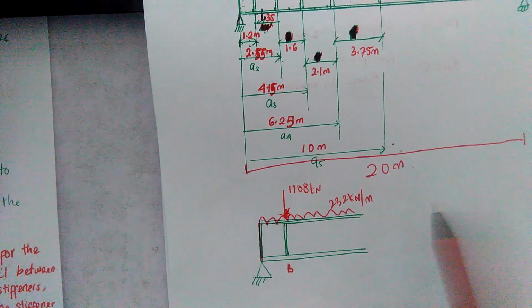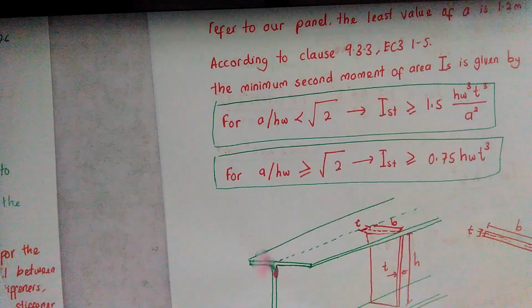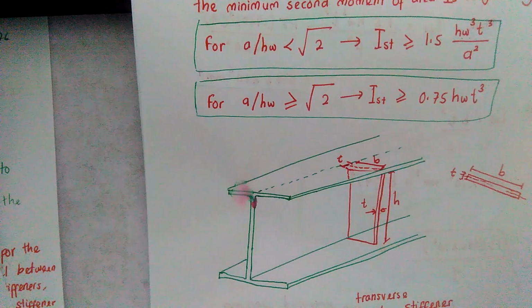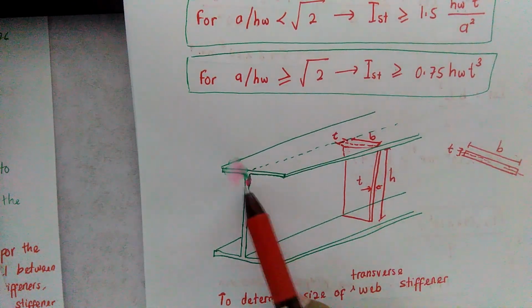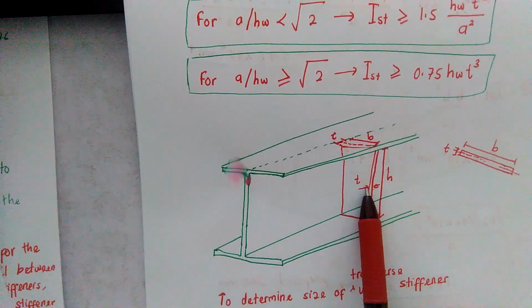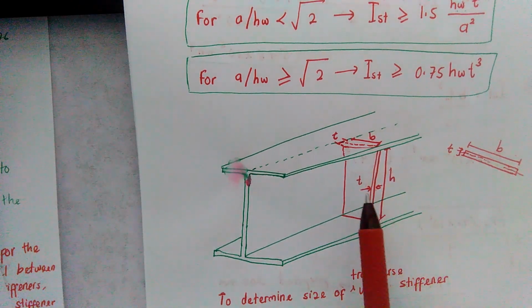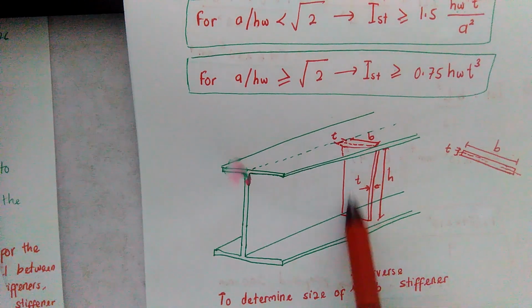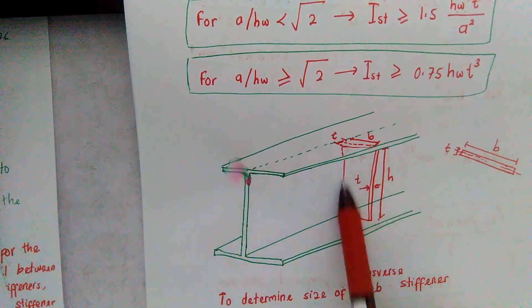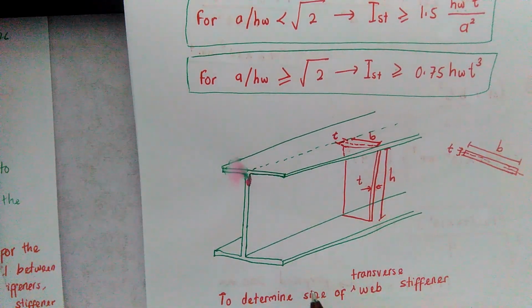So the next step is that we need to design the size of the stiffener. If you look here, this is the plate girder, and we have the stiffener here. We know that the load that should be carried by the stiffener is 1108 kilonewton, but we still do not know the size of this stiffener.